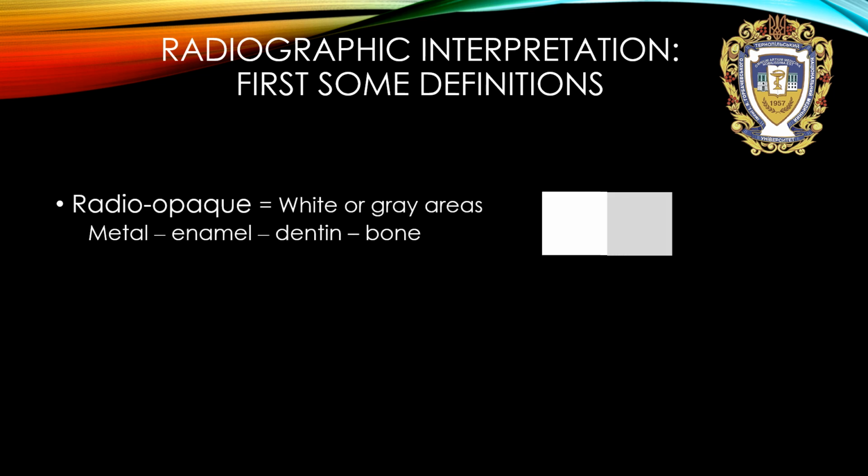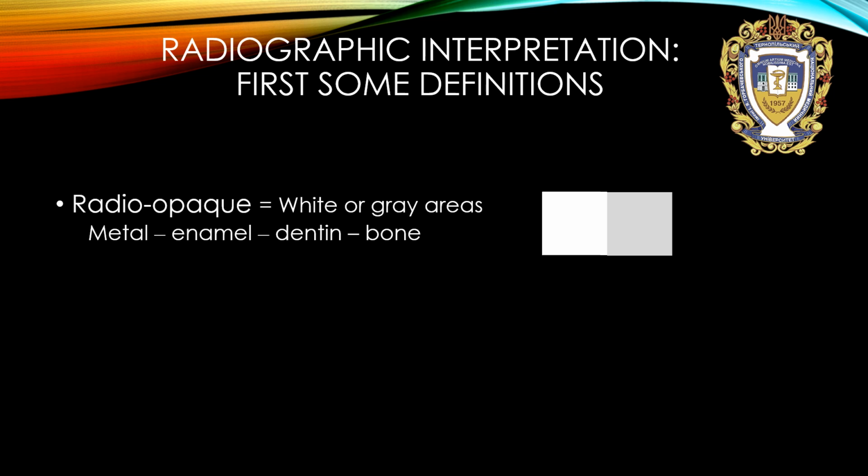Let's begin from cornerstones. First, some definitions. In radiography, there are two main terms. Radio-opaque: white or gray areas on X-rays, it is metal or enamel or dentine or bone. Or zirconium.